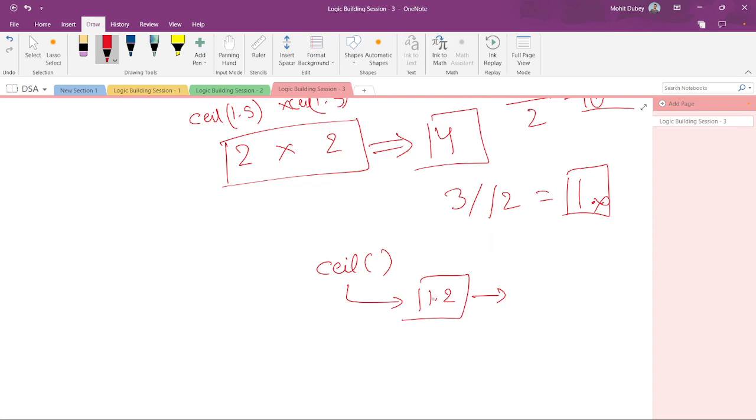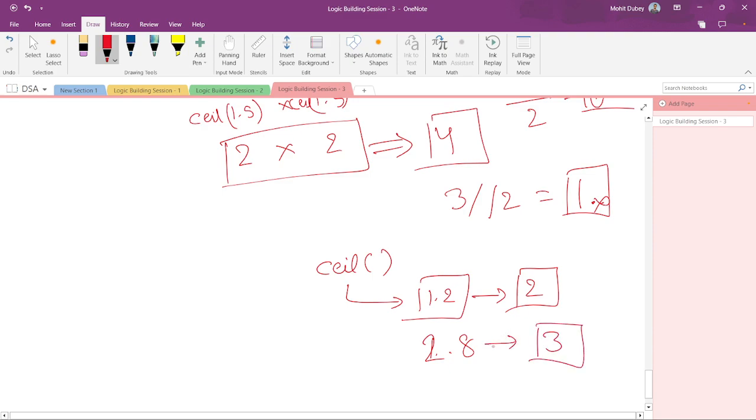Suppose you have provided 1.2, so the nearest greater value is 2, right? If you have given 2.8, the answer should be 3. So these are basically the ceil values. Ceil value means the upper bound of any number. Floor value means the lower bound, the integral part of any number, right?